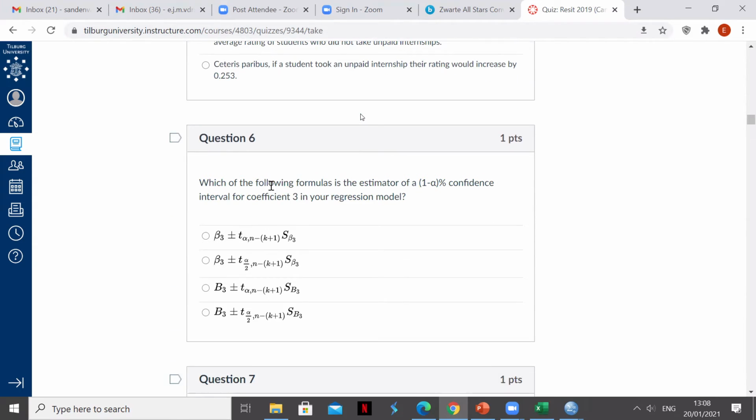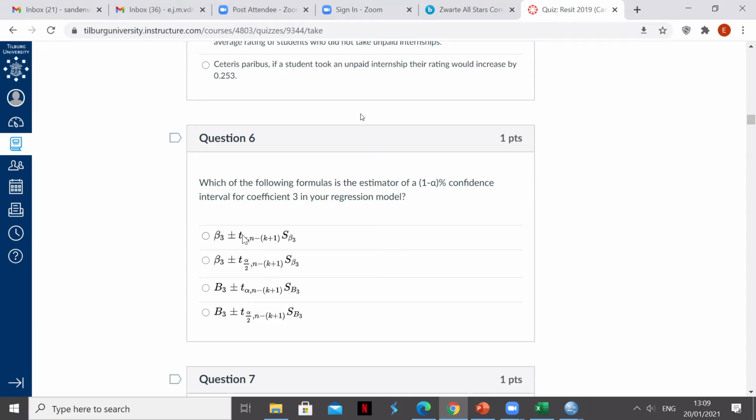Okay. Which of the following formulas is the estimator of a 1 minus alpha % confidence interval for coefficient 3 in your regression model? Here, this is actually a pretty easy question if you have learned. Okay, so what's the difference? Here they use betas, and here they use b's.